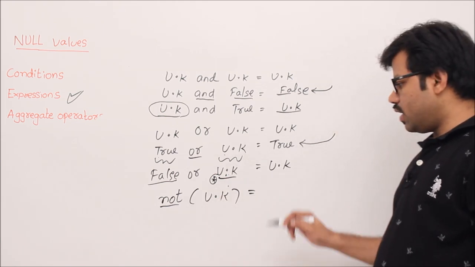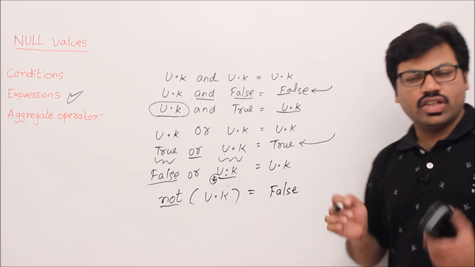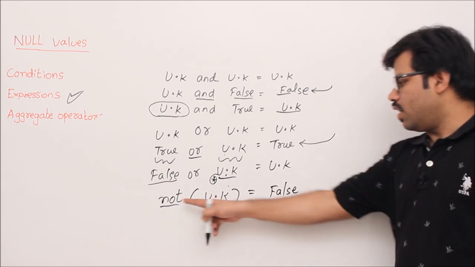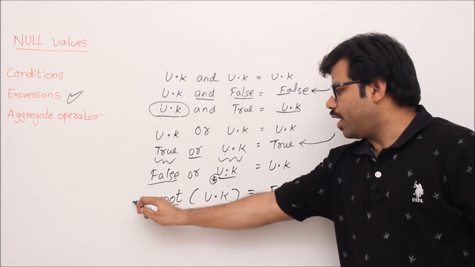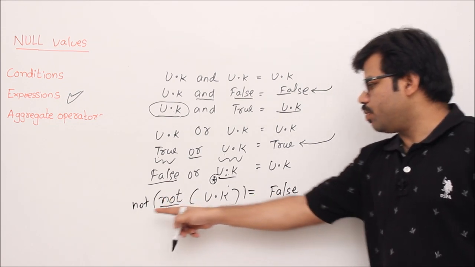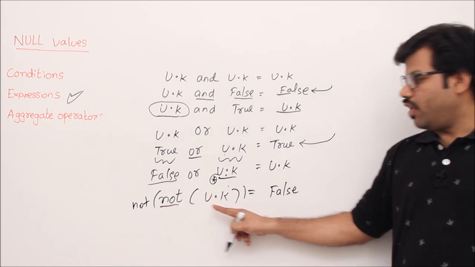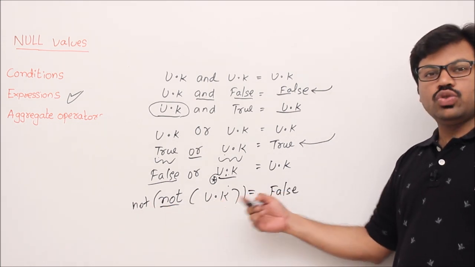So unknown's opposite is, let's say, if I take false, what happens? I will tell you. This is not convincing. Why? Not of unknown is false, then again if I apply not, what happens? You see, not of unknown is supposed to be unknown, correct? So when I apply not two times, then I should usually get the same truth value, right?